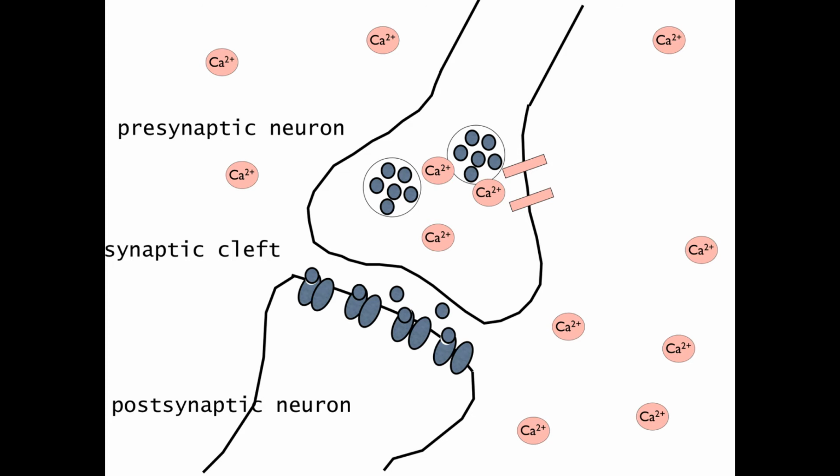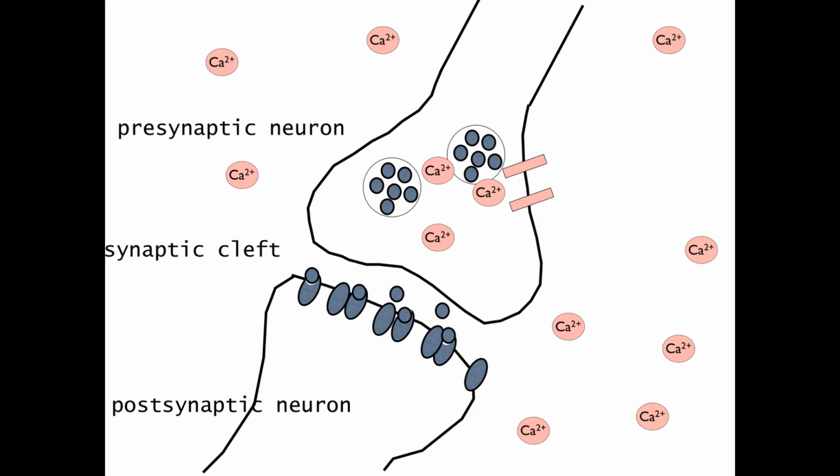However, for the most part, neurotransmitters will cause opening of chemically gated channels. These channels might be sodium, potassium, or chloride. And depending on what channels open up, will result in either inhibitory effects or excitatory effects.